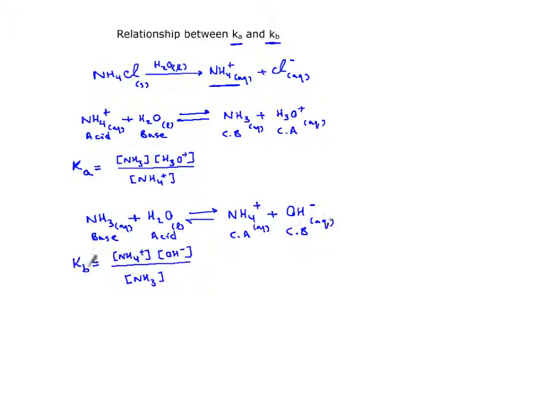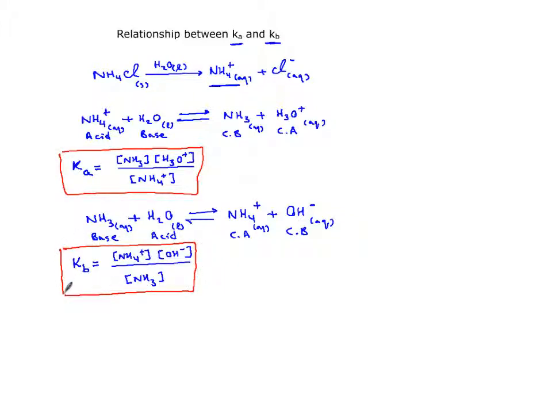Now what happens if I take this Ka and this Kb and multiply them by each other? Let's see what happens when I do Ka multiplied by Kb. What I have is this ratio multiplied by this ratio. Let's bring it down.